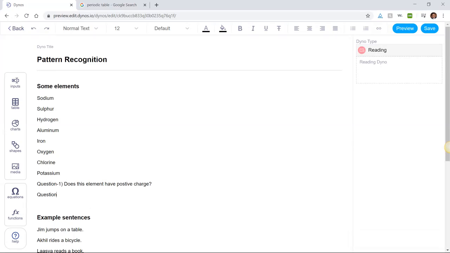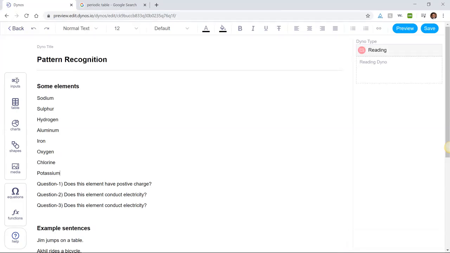Question 2 is, does this element conduct electricity? How about, do we use these elements daily? Is that what you asked? Yeah, do we use them daily?